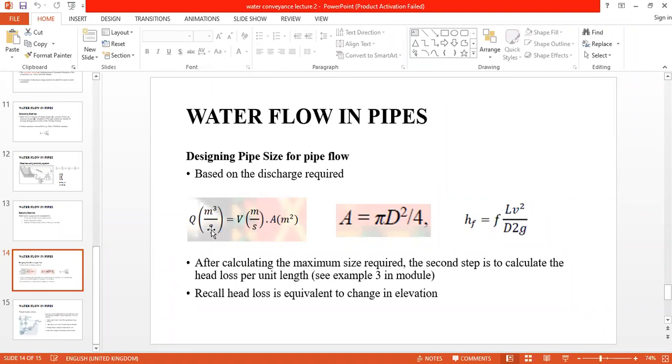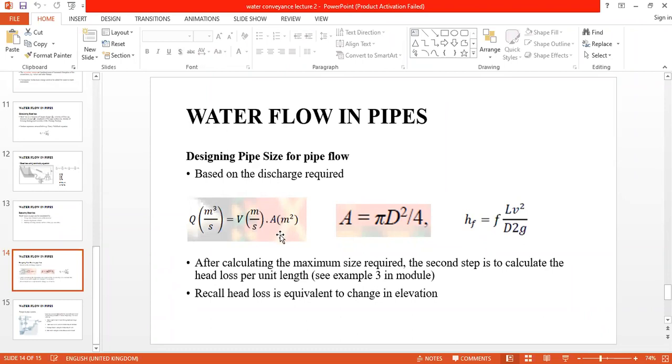So we know that we need 1,000 cubic meters of water reaching our farm in this number of minutes for us to irrigate the whole area. Then knowing that, we need to find what diameter of pipe I can use to achieve that volume of water reaching my farm. We know from the formula of discharge that discharge will be equal to the velocity multiplied by the area.